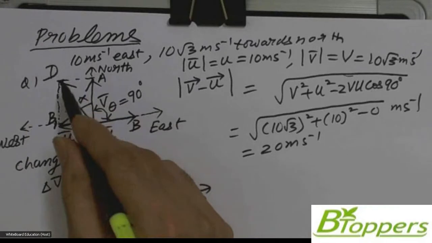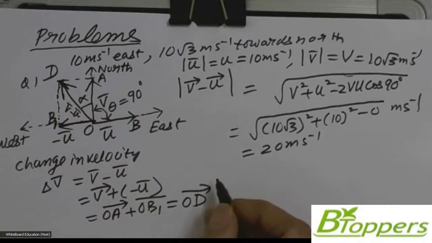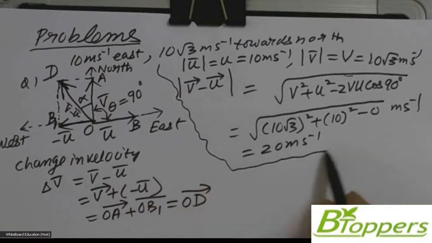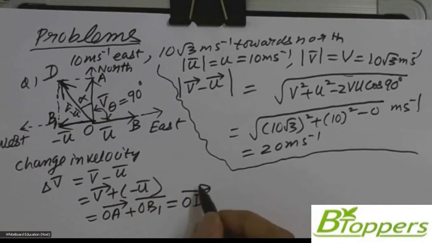So OADB1 is a rectangle. OAD is the right angle triangle.